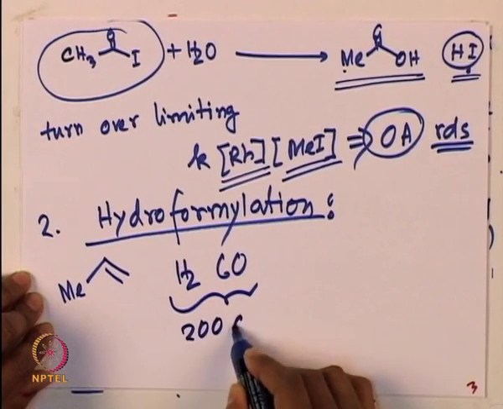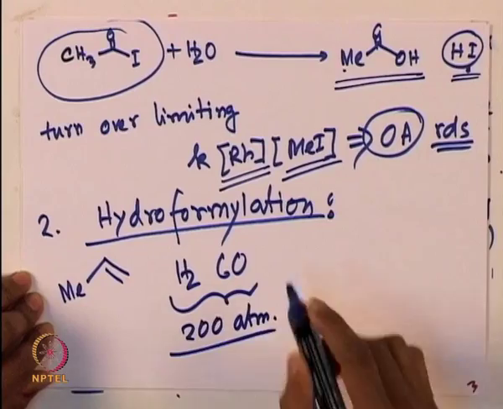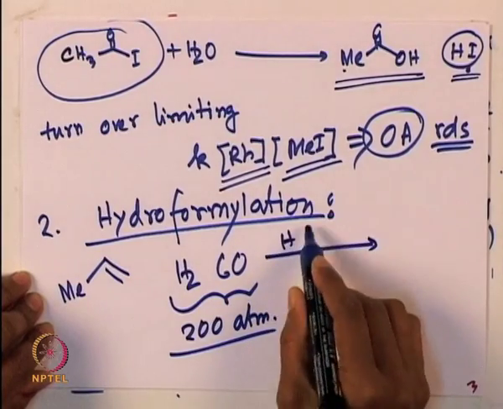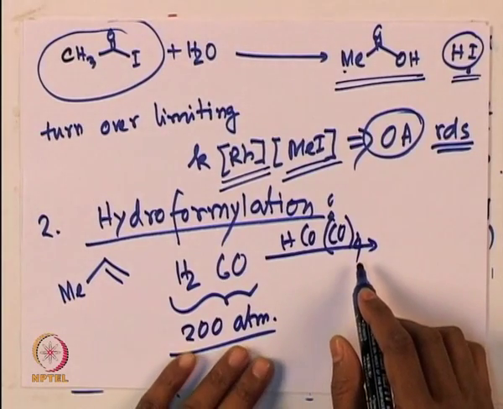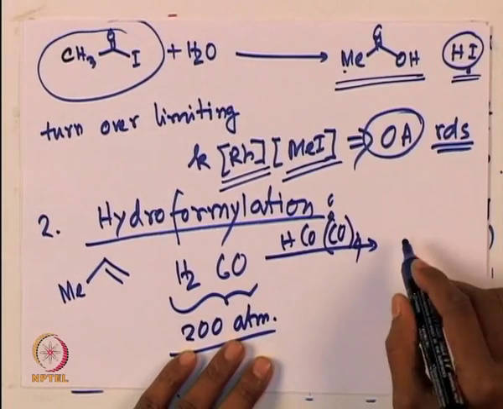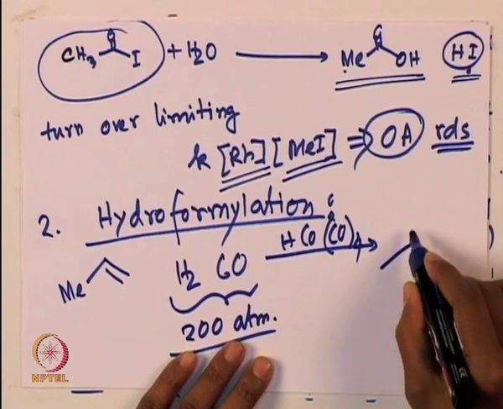usually at around 200 atmosphere pressure industrially, and you have a cobalt catalyst, cobalt hydrido tetracarbonyl species, and you have the possibility of forming two products.